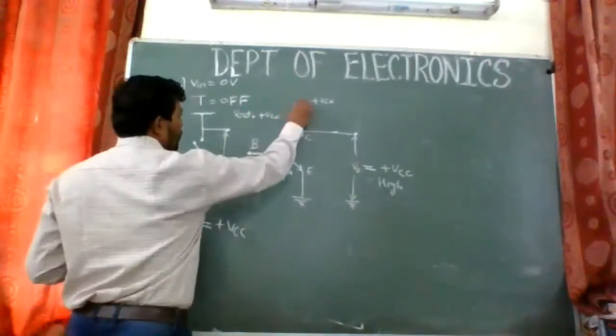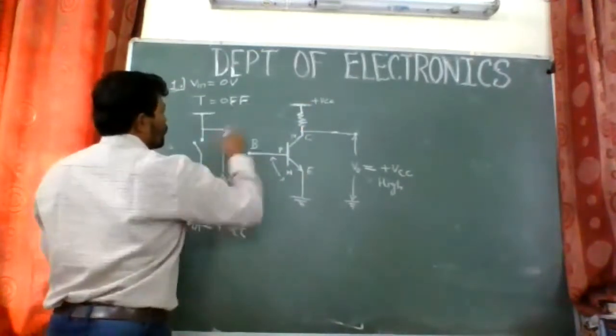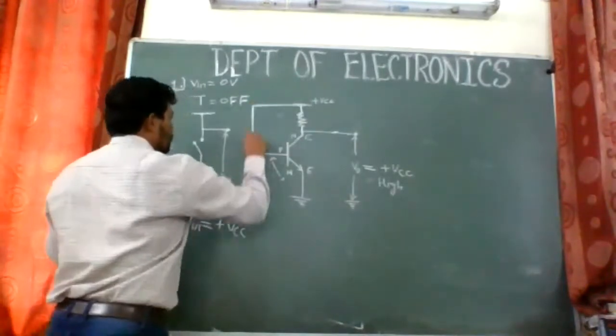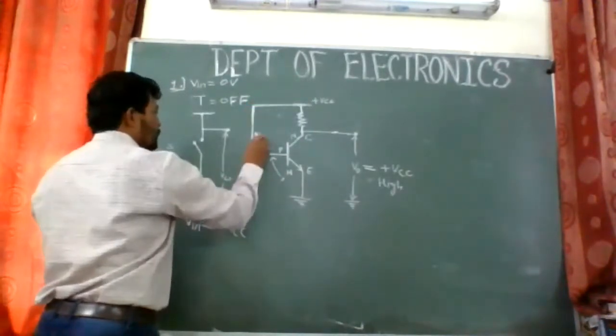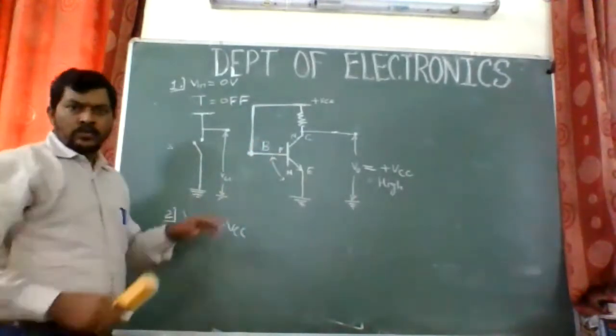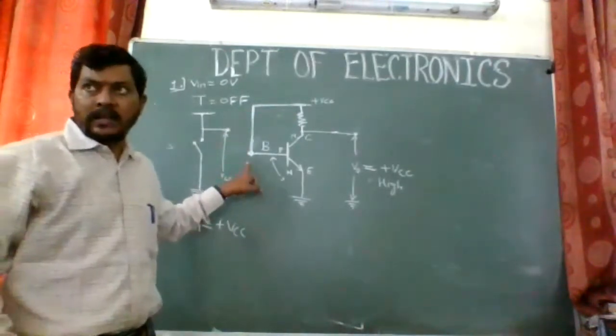So I am connecting plus VCC here. I will directly connect the base to the plus VCC terminal. So this is the base, and I am connecting plus VCC to the base of the transistor.